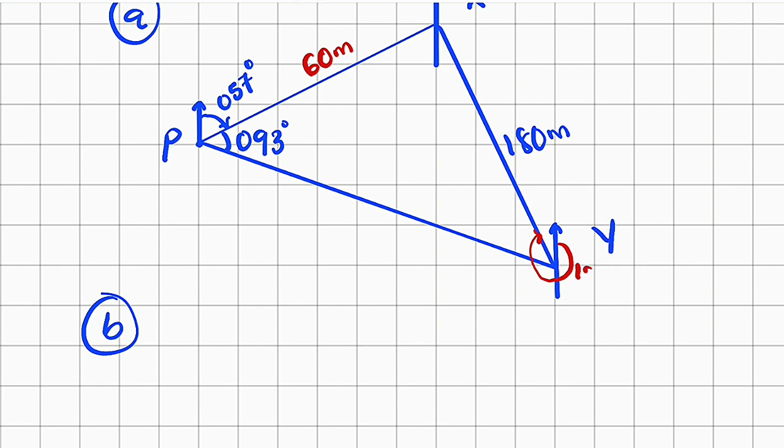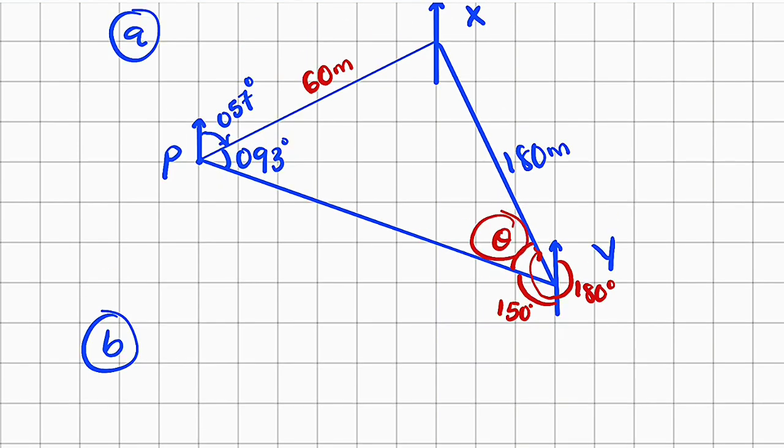So at the back here we should have 180 degrees. This angle here is alternate to this angle, and everything there is 150 degrees. So the only angle we need to find is this interior angle. Let's call it theta. We add all of these three angles to find the bearing.